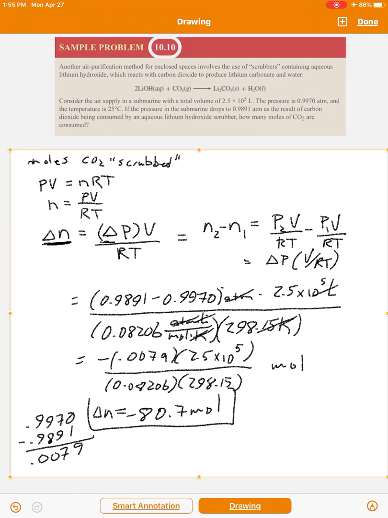So the change in the number of moles in the submarine is negative 80.7. It went down by 80.7 moles because it was absorbed by this scrubbing device, which is the reaction of lithium hydroxide with carbon dioxide.